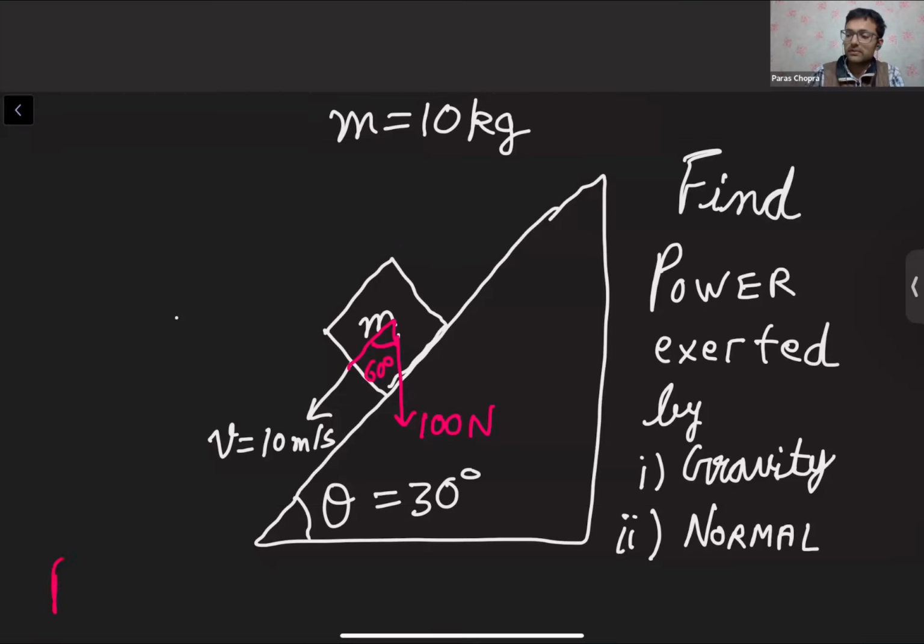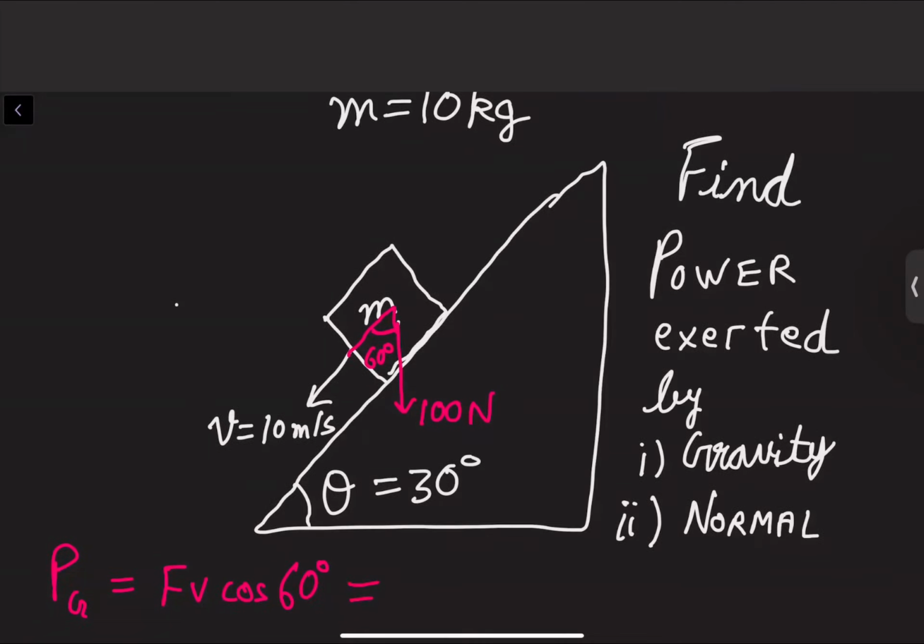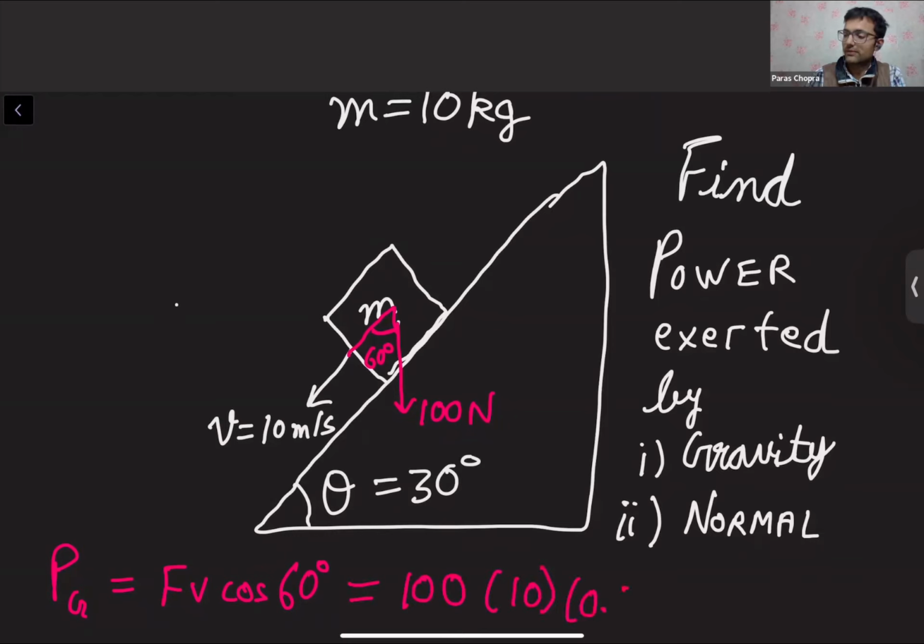So therefore the power of the gravitational force will be equal to F times V times cos theta, or cos of 60 degrees. So the final answer should be 100 times 10 times cos 60, which is 0.5, which is equal to 500 watts.